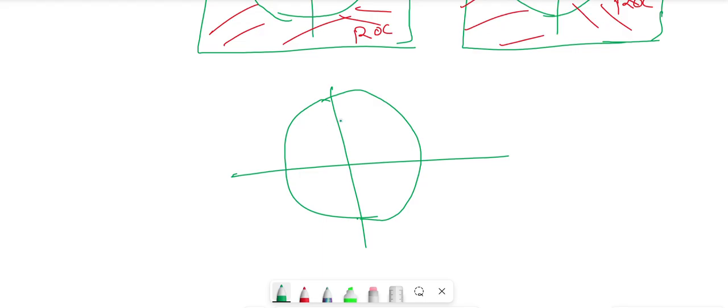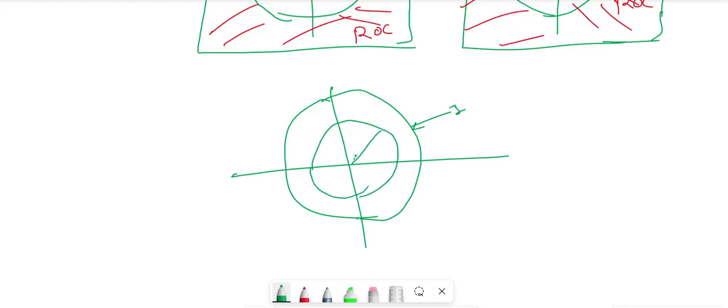For example, Z equal to 1 is the unit circle. This is R is equal to 1, the unit circle. The one is R is equal to half.